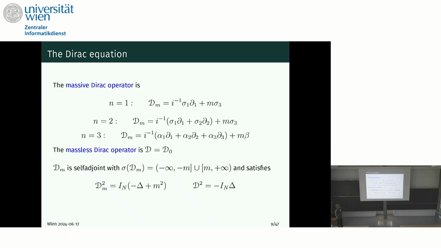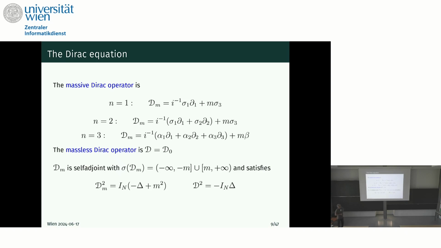Okay, so now you compose the Dirac matrices or Pauli matrices with the derivatives, and you get this kind of operator. I call it the massive Dirac operator if there is a mass, which will be strictly positive here. And when m is equal to 0, you get the so-called massless Dirac operator.